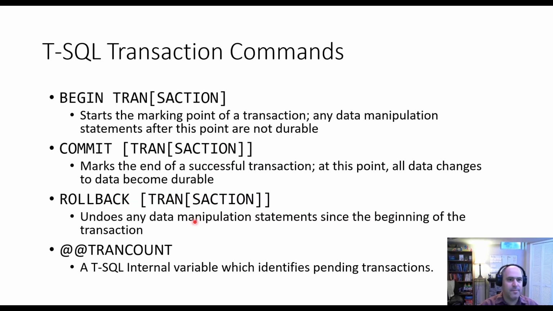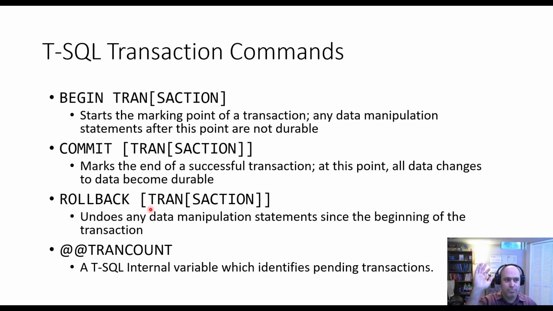So there are four commands that you want to learn here. Begin transaction, or begin tran, makes a starting point of a transaction. And what it does is it pretty much takes your data at that state and puts it in a temporary space for you to work from until it hits a commit, at which point it would then save it all permanently into the database, or it hits a rollback in which it erases all of the work you did.